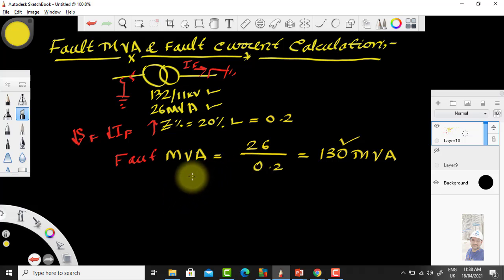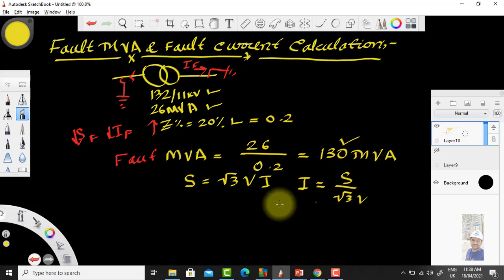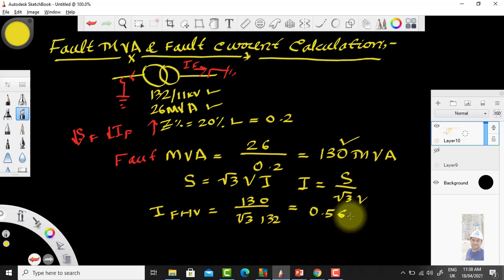The formula that we will use is very simple. S is equal to root 3 V into I, so I is equal to S divided by root 3 into V. So for the HV side, I fault HV will be equal to 130 divided by root 3 divided by 132, so it will be 0.56861 kiloamperes.